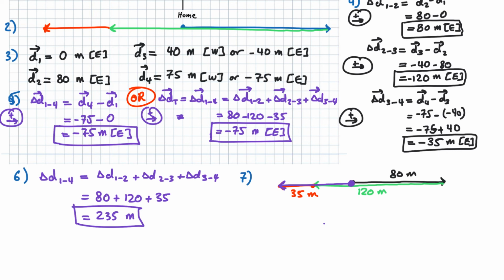Algebraically, it's just adding the vectors like this, but vector-wise, 80 meters, travel 120 this way, so this little section here is 40 meters west. Add another 35 meters in the west direction, and I will end up getting 75 meters west.